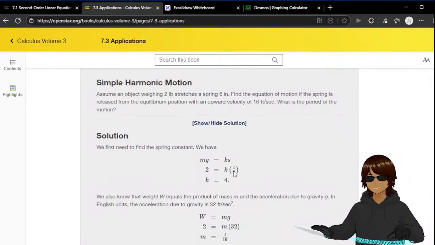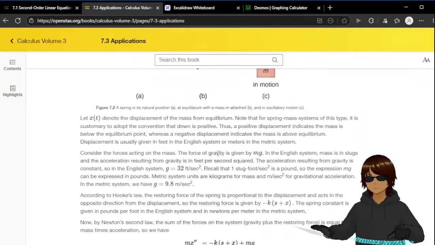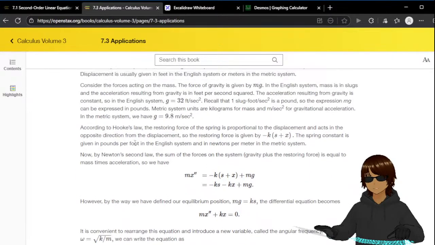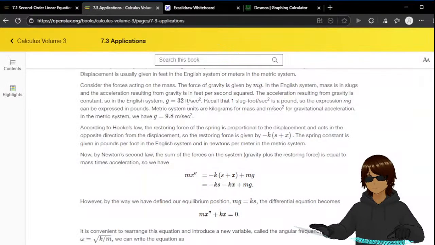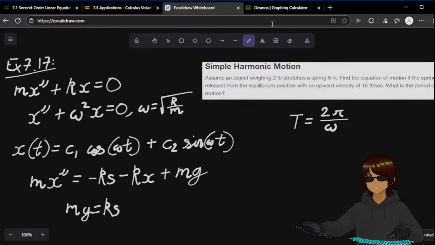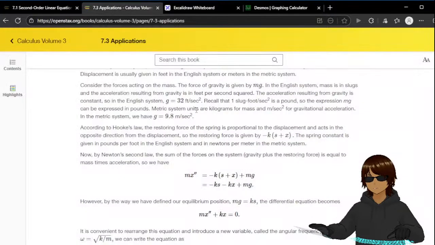How did they get half here? Stretches a spring 6 inches. So 2 times, where is it, 32. 2 times 32 divided by, and this inches and feet is confusing me.